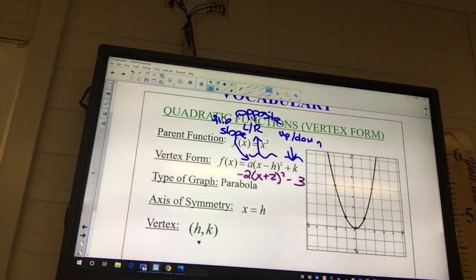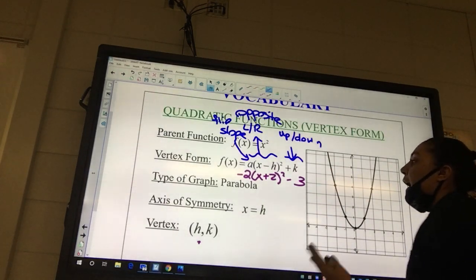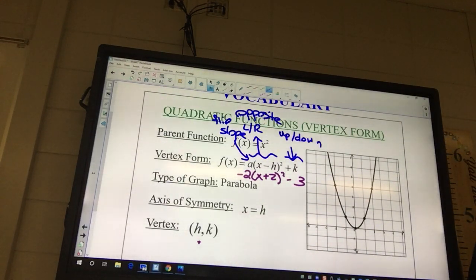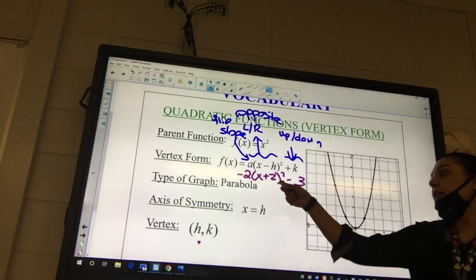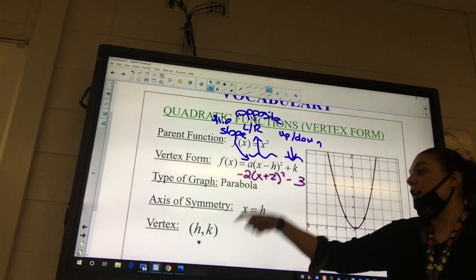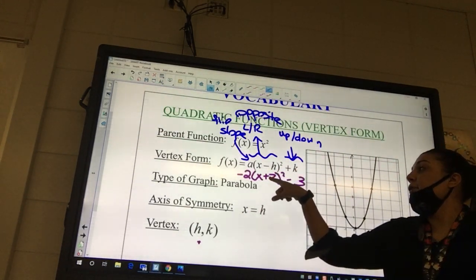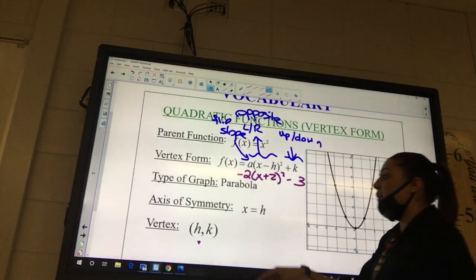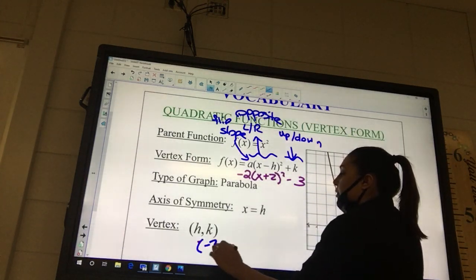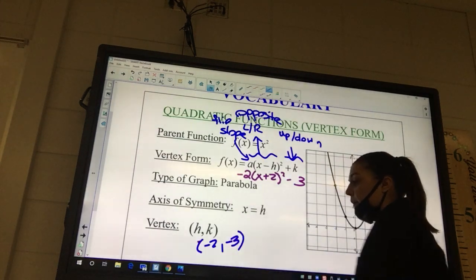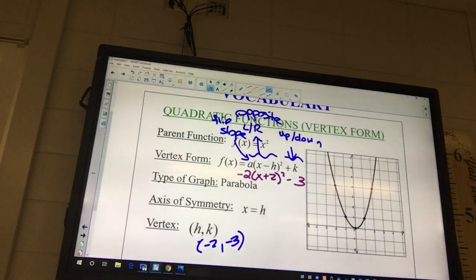Okay, so when we pick the vertex out, I can look at this without even graphing it or doing anything, and I can tell that my vertex is (h, k) because it's given. And so we really do the opposite. So my vertex is going to be (-2, -3). Okay, my axis of symmetry is going to be h. What is our h value?